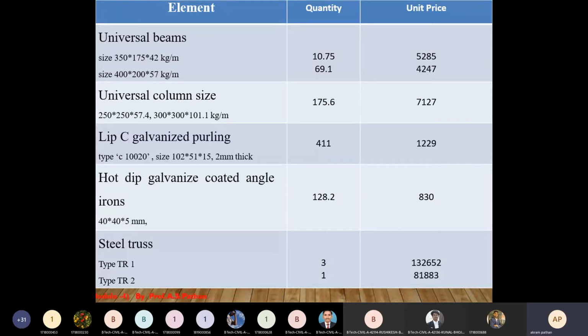After fabrication we have to install all these particular members on a particular site, and we can do the nut and bolting or welding or riveting, and then the structure will be complete. So we can reduce the time and the labor by using such steel structures.